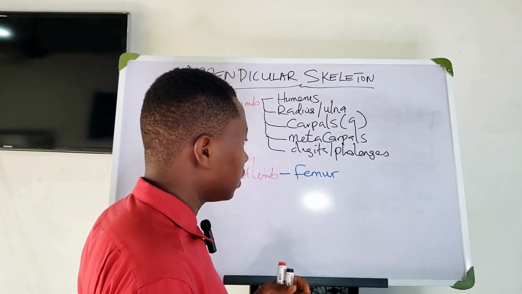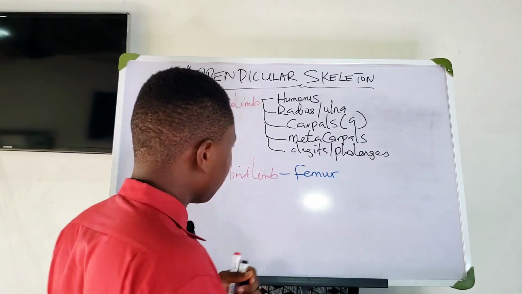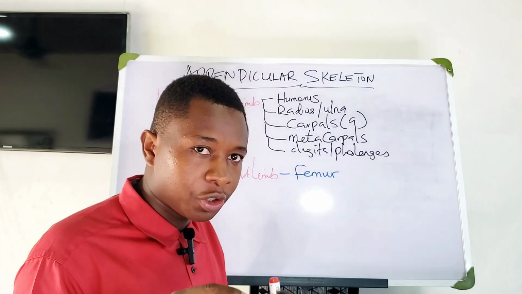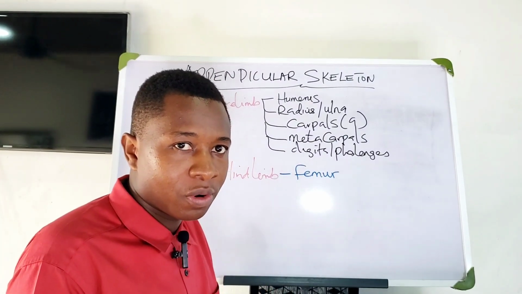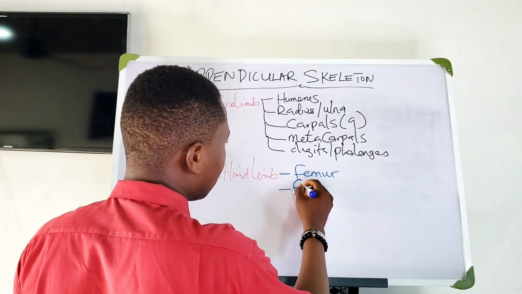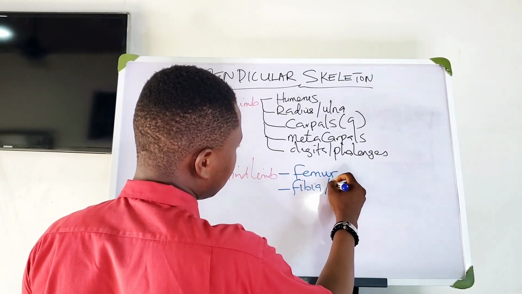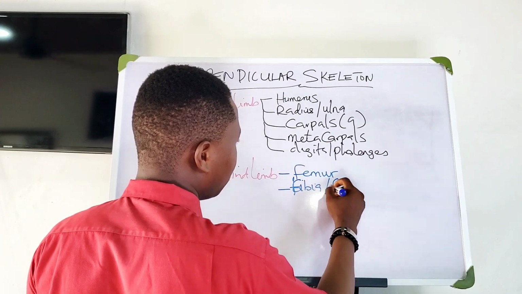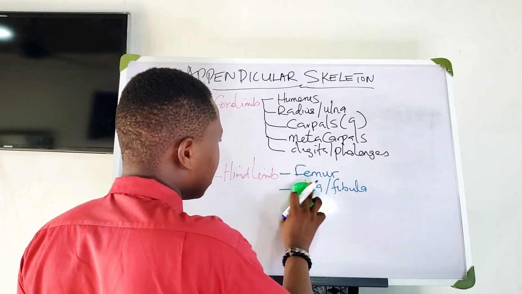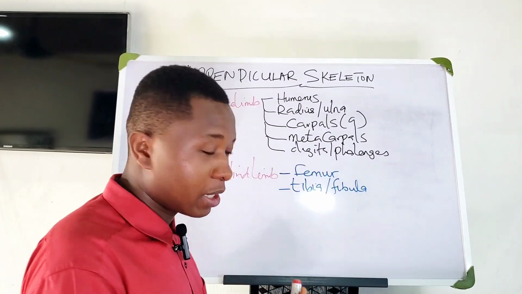After the femur, we also have two bones that are in association immediately after the femur. That is known as the tibia and fibula.